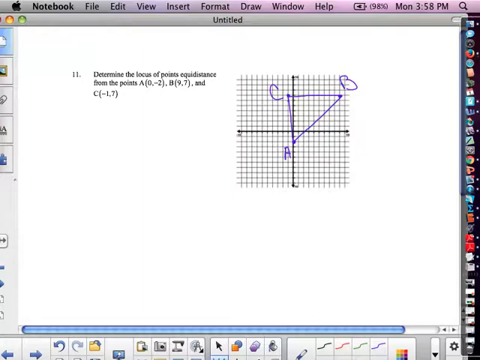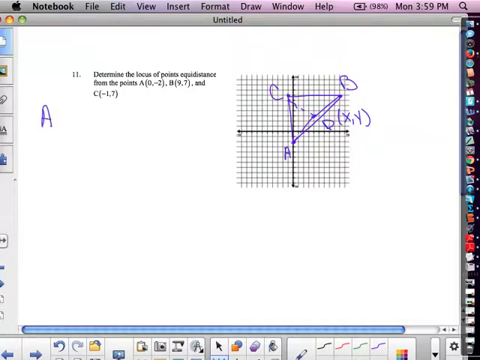I don't believe it is. So you're looking for the point, this point xy, that is equal distance from A, B, and C. We're going to label this D.